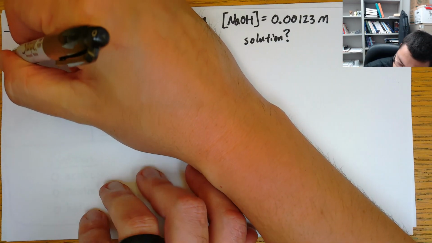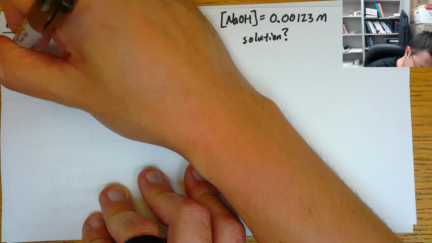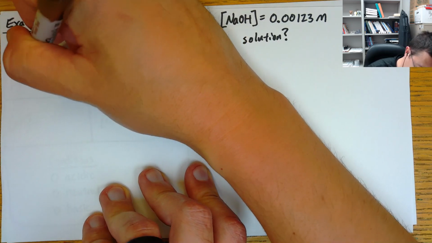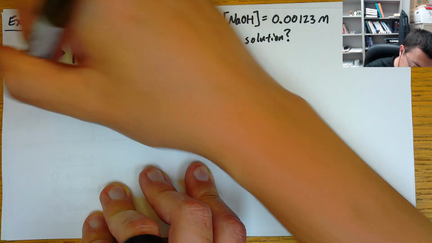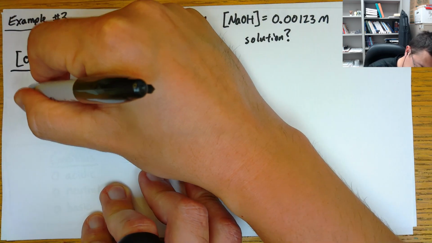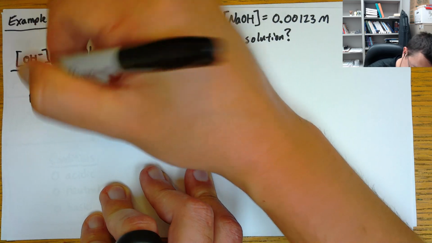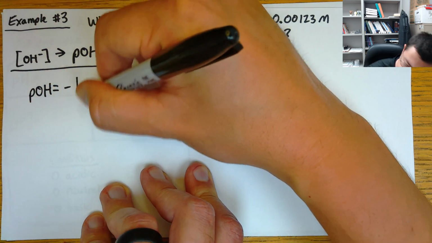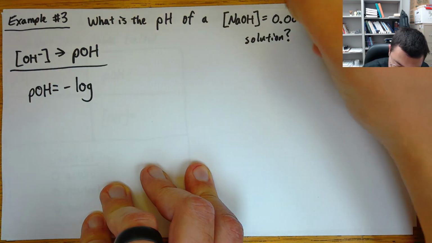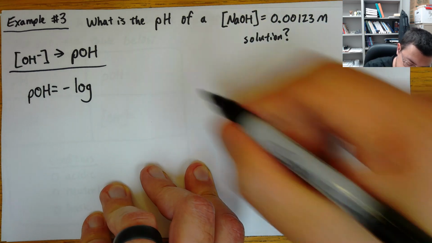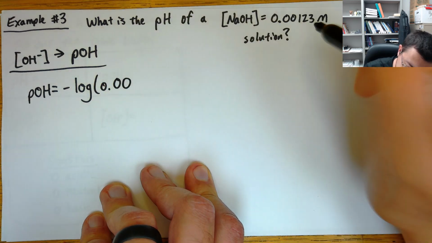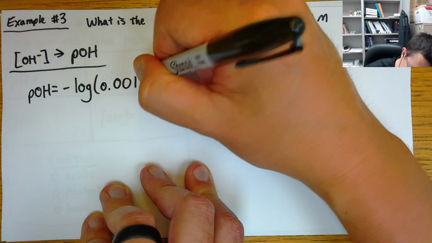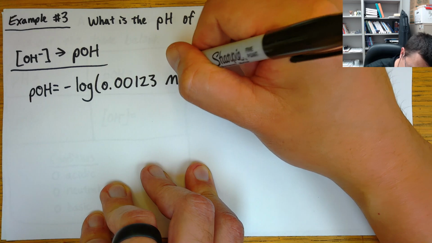So we're going to convert OH minus to a pOH value first. This is a strong base, so we just use that, 0.00123 molarity.